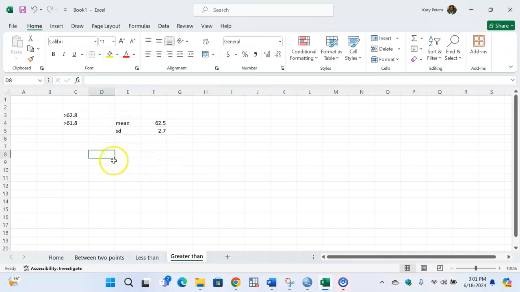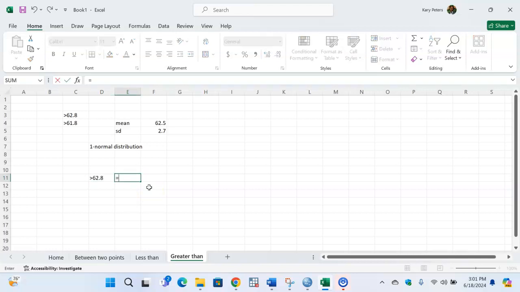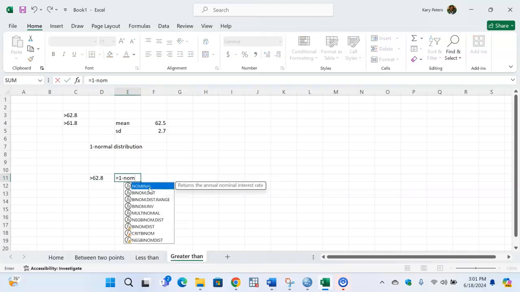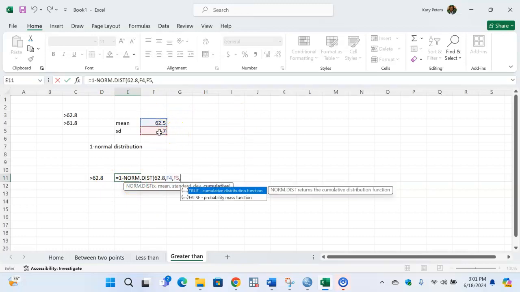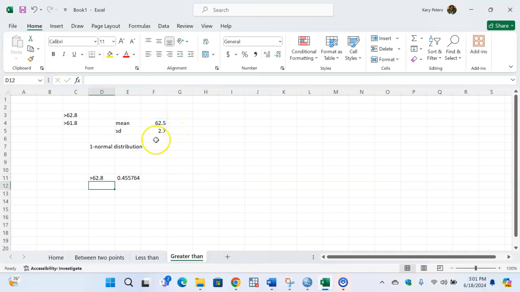So in greater than, what you do, you take 1 minus the normal distribution. So for the probability of the height being greater than 62.8, this is what you do: 1 minus normal distribution, and then 62.8, then our mean and our standard deviation, then cumulative, yes, then that's the answer.